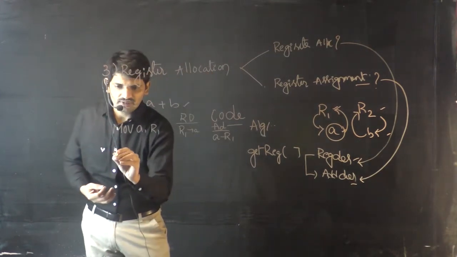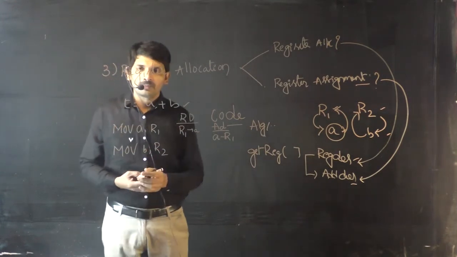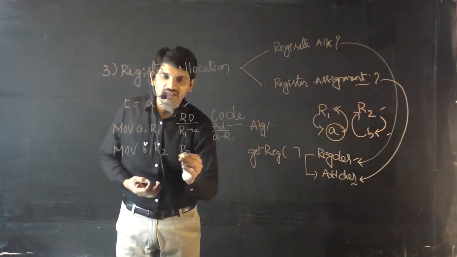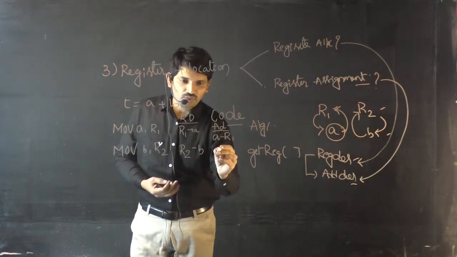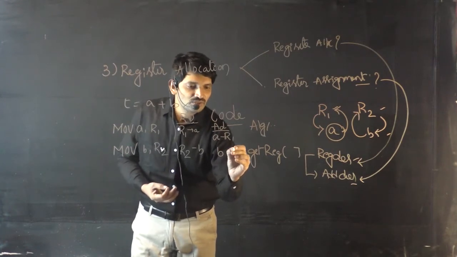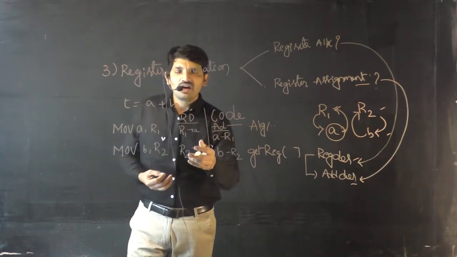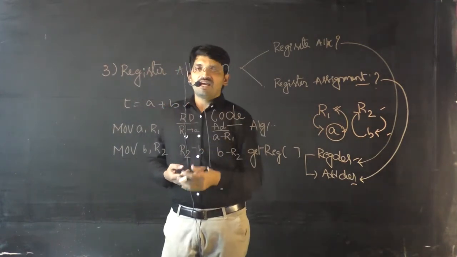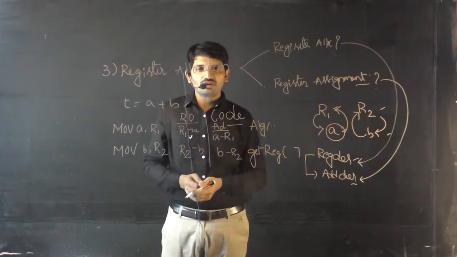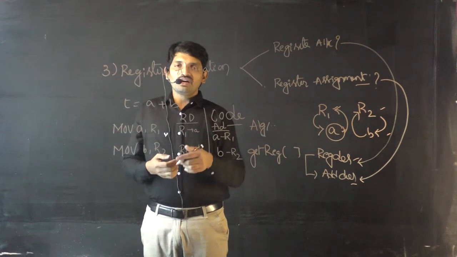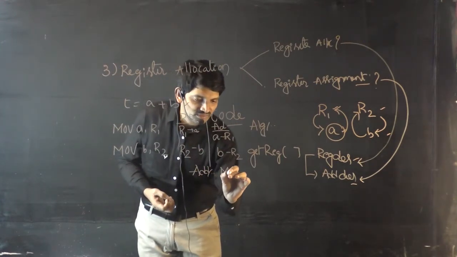Now come to the next one. Let us say move B comma R2. So register R2 is allocated to B. In the address descriptor, what do you write? B is assigned to R2. So this is how we allocate and assign the values to the registers, and how the registers are allocated to the values. And we are going to use the address management here.